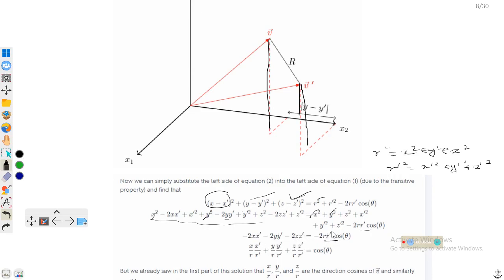If we divide this through, we get x over r times x prime over r prime, plus y over r times y prime over r prime, plus z over r times z prime over r prime, is equal to cos of theta.